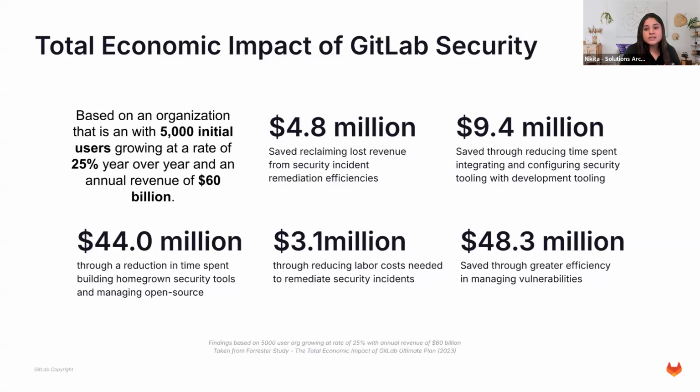As we've seen across the industry, this could eventually cost companies close to 44 million, which you would use to build and manage your resources just to keep up with your homegrown applications, right? So all of this leads to saving $48.3 million through greater efficiency in managing the vulnerabilities.